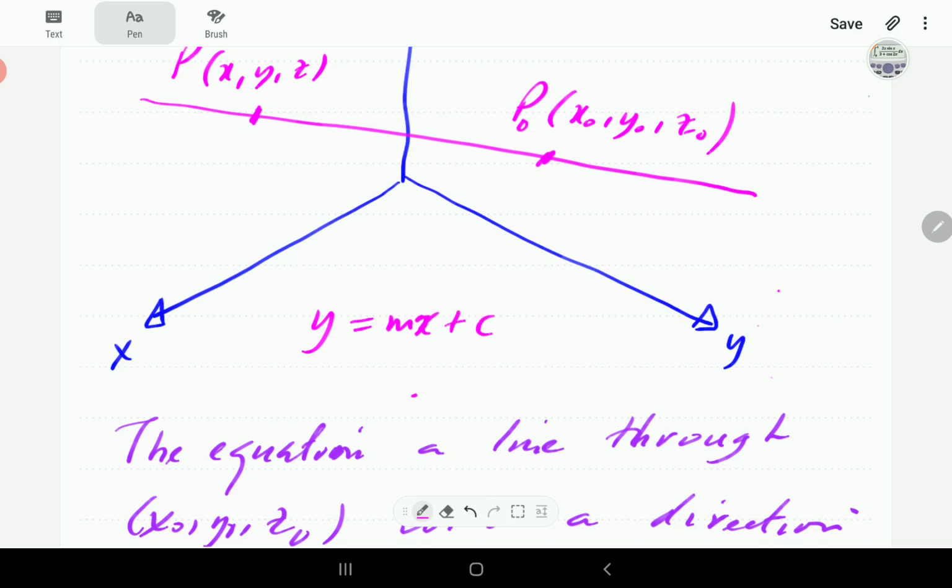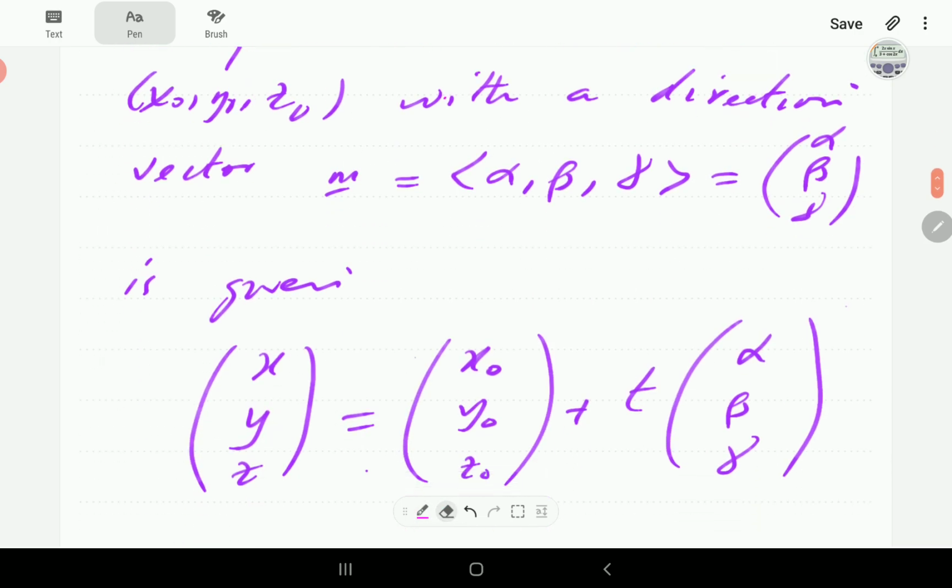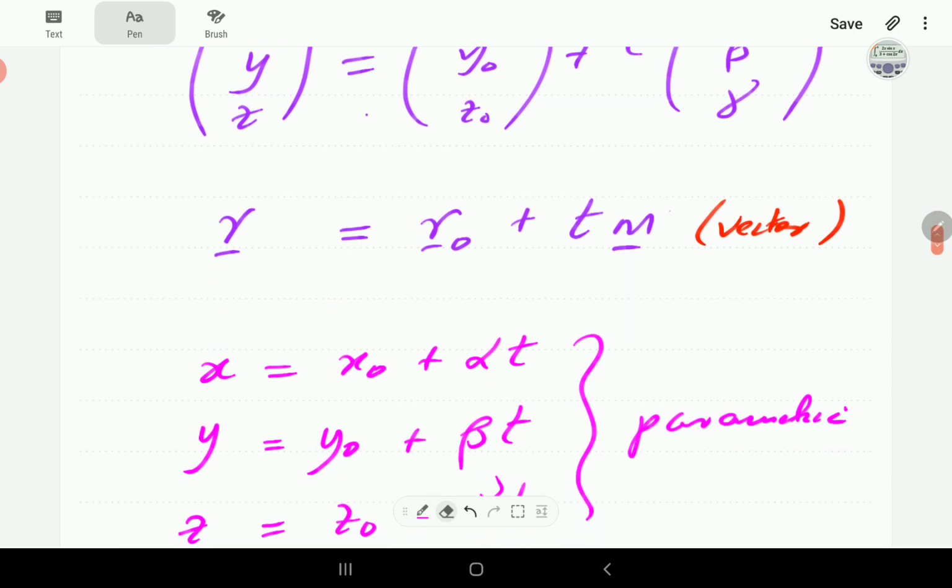Okay, so y equals mx plus c will not have anything that looks like it. It's only going to be your vector form, your parametric form, and your symmetric form for lines in 3D.